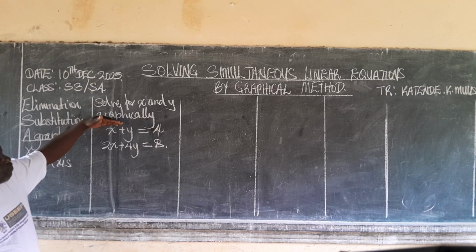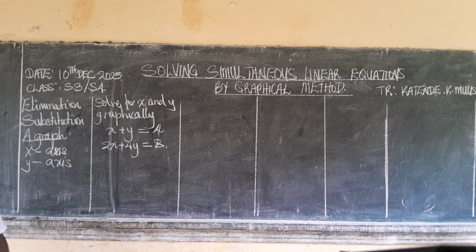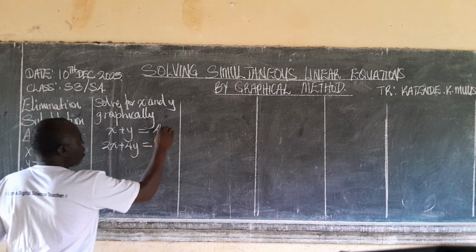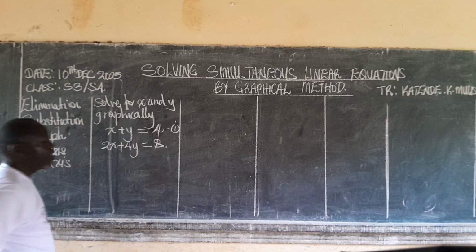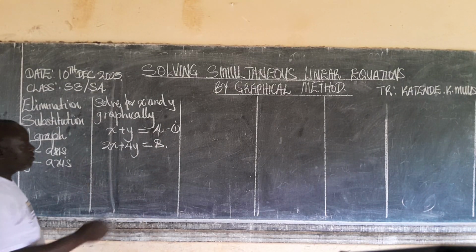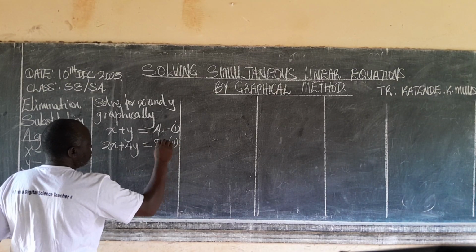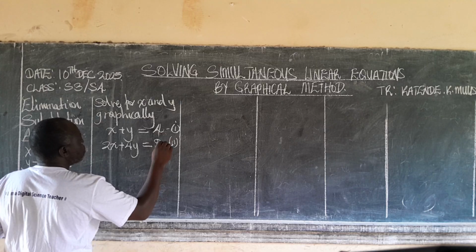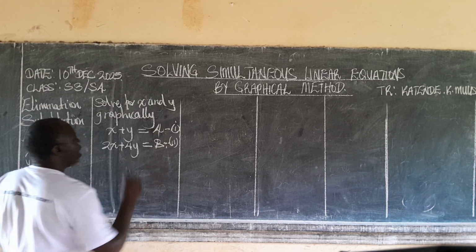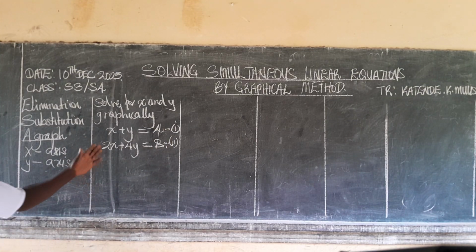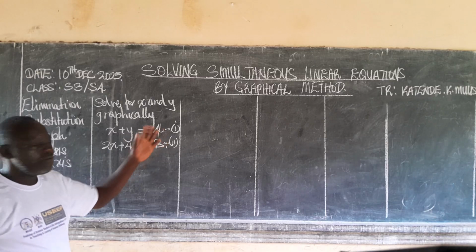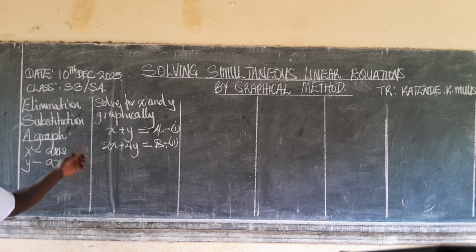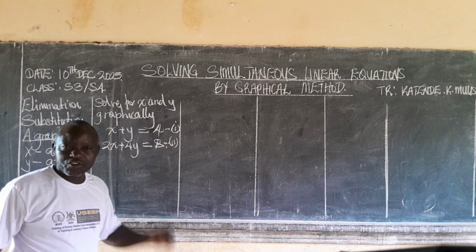What has been given first, we call it equation 1, and what has been given next, we call it equation 2. So here we have two equations. Equation 1 is x plus y equals 4, and equation 2 is 2x plus 4y equals 8.